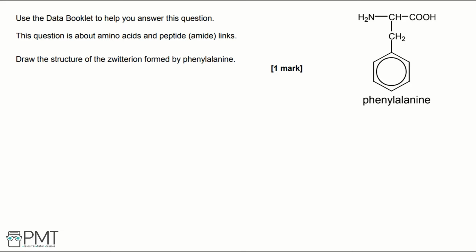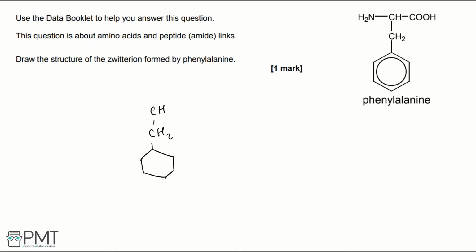So a zwitterion is a neutral ion, and it's where the carboxylic acid will lose its hydrogen and the amine will gain its hydrogen. So if we look at phenylalanine, that's going to be CH, CH2, and then a benzene ring.